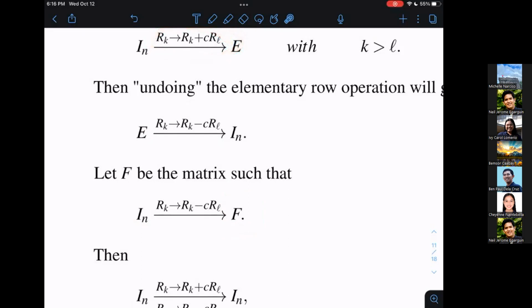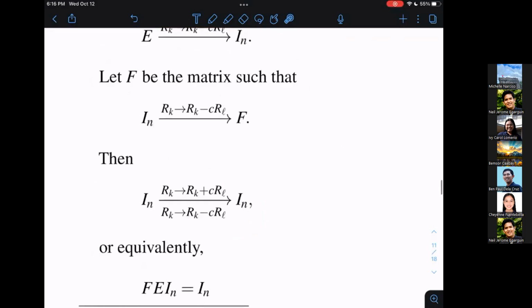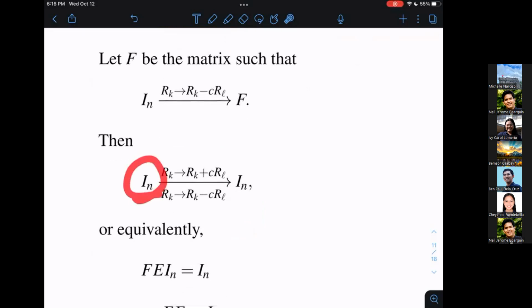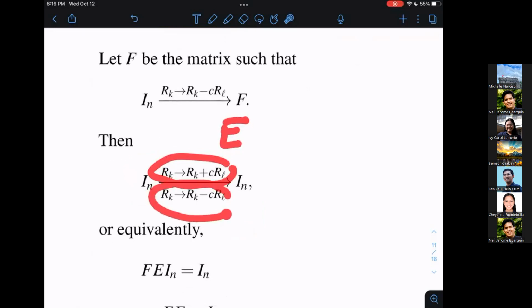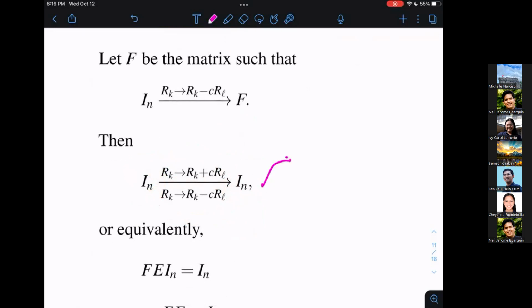Okay? So, kumbaga, dahil alam ko na si In, kapag pinerform ko ito, makakarating ako kay E, pero pag pinerform ko tong operations sa baba kay E, makakarating ako sa In, so this will give me back the identity matrix. Okay?